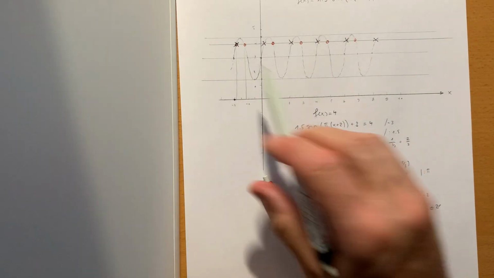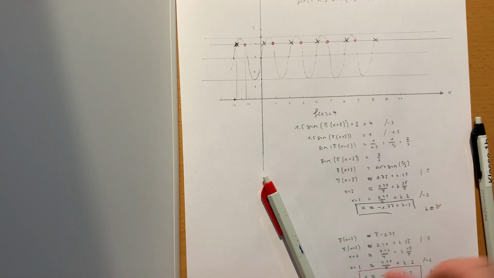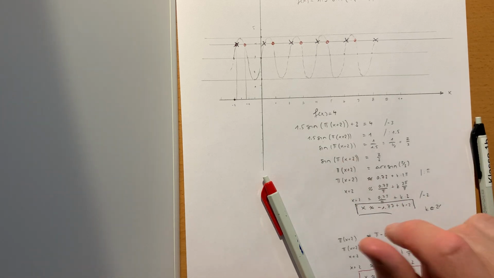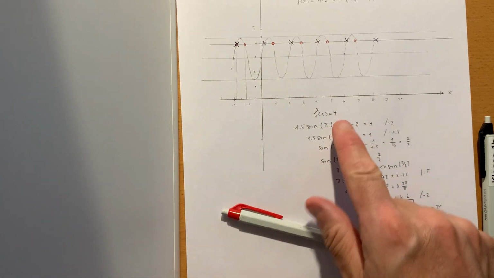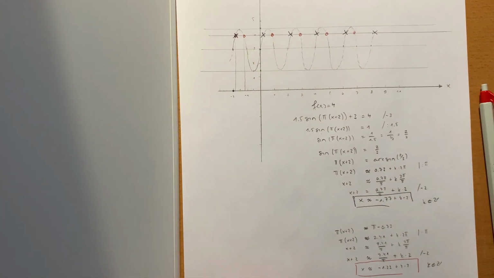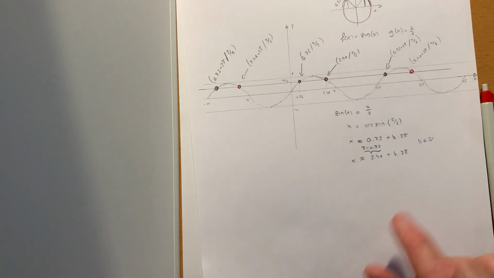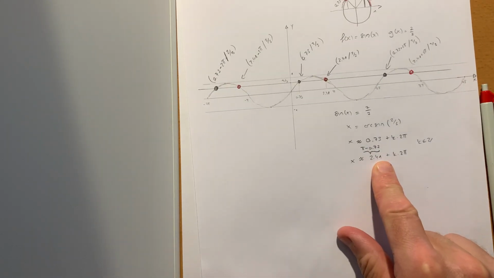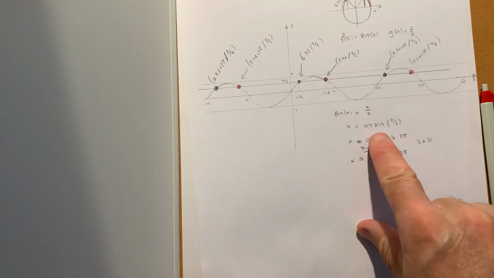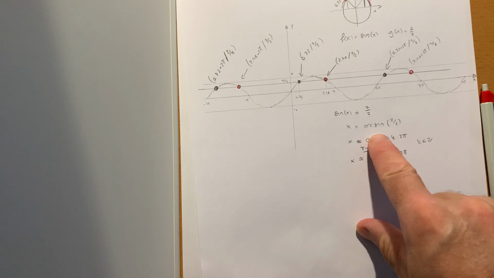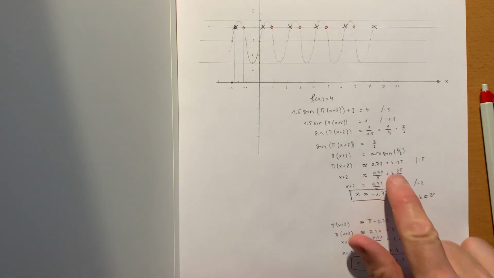Look. So in fact, f of x is equal to 4. When you have to work it out algebraically, you have to solve this equation quite similarly to this one here. But you have to add the k times 2 pi right after you did your arc sine. Look, we've done that.